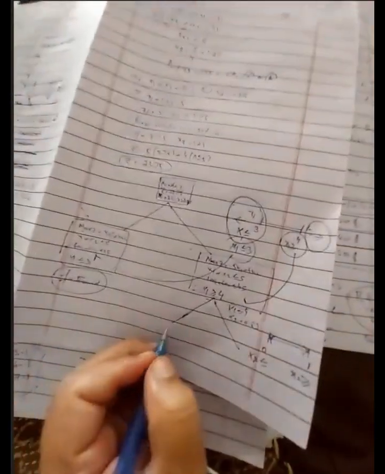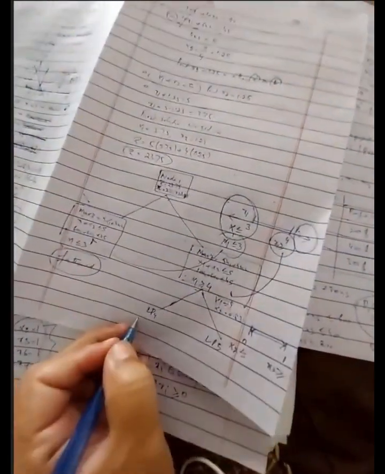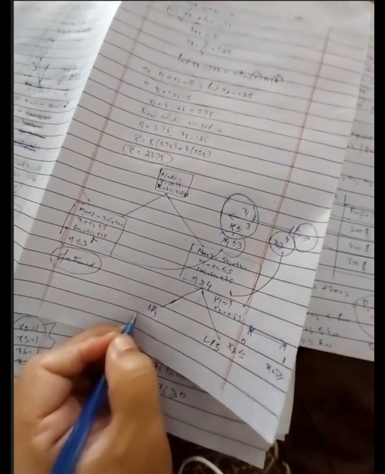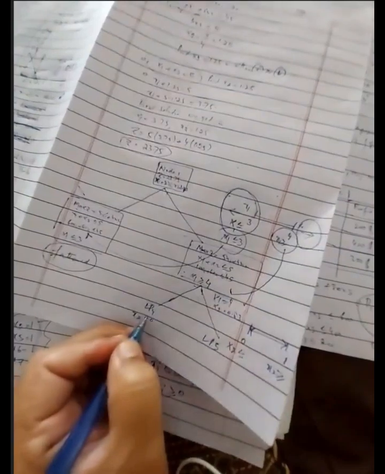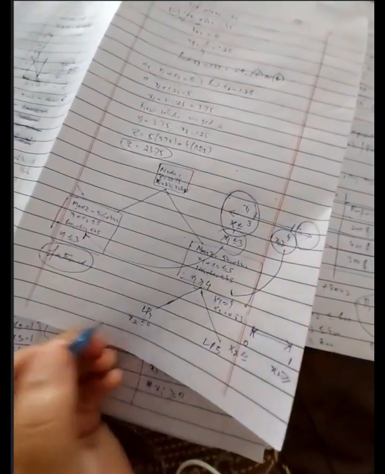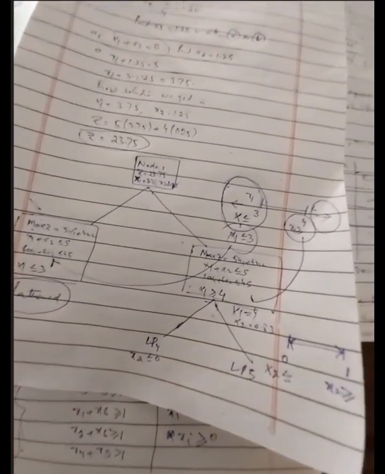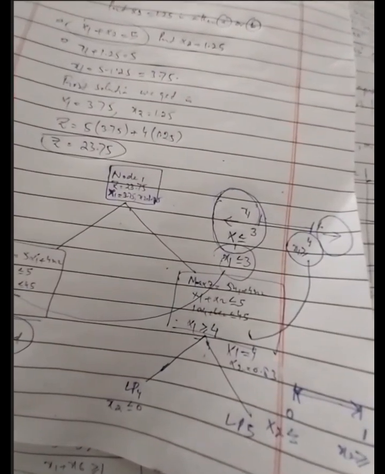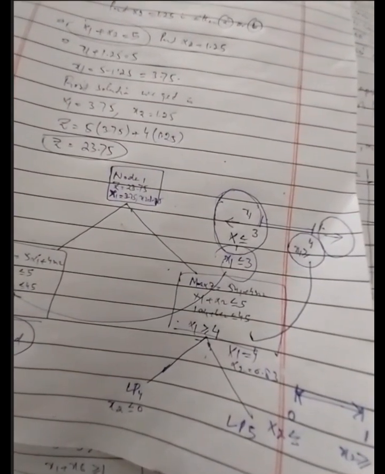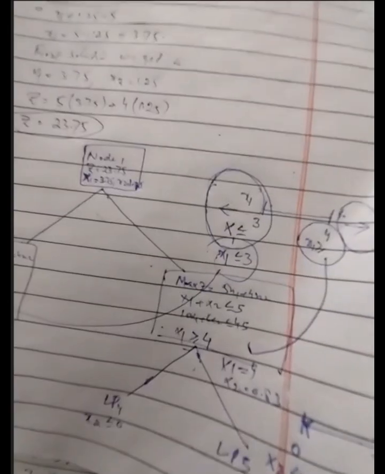Okay. Now here on this branch, this is LP4. This is LP5. So LP4 will add another constraint which is x2 is less than or equal to 0. Okay.